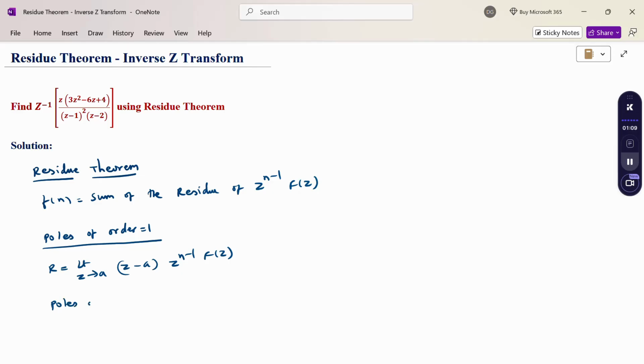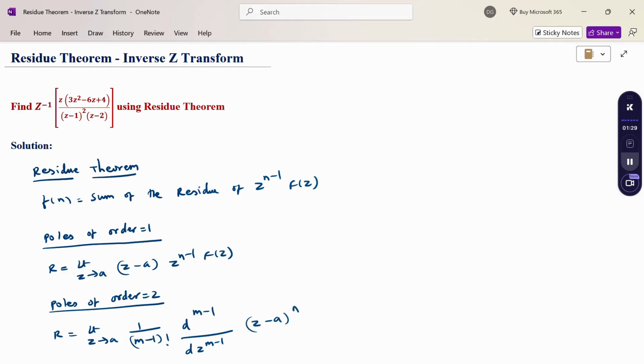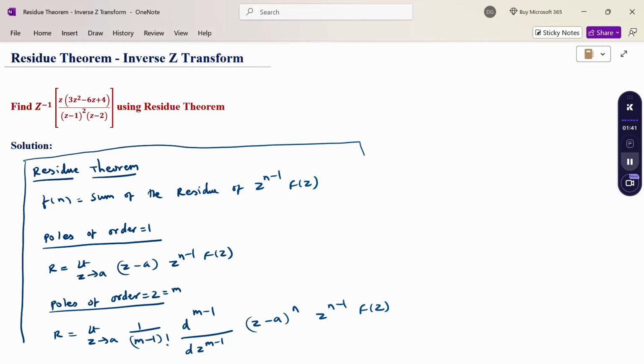When the pole is of order m, the residue is the limit as z tends to a of 1/(m−1)! d^(m−1)/dz^(m−1) of (z − a)^m z^(n−1) f(z). The order is nothing but m. So these are the two formulas to calculate the residue.